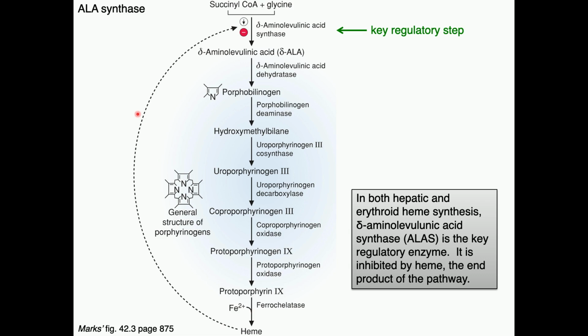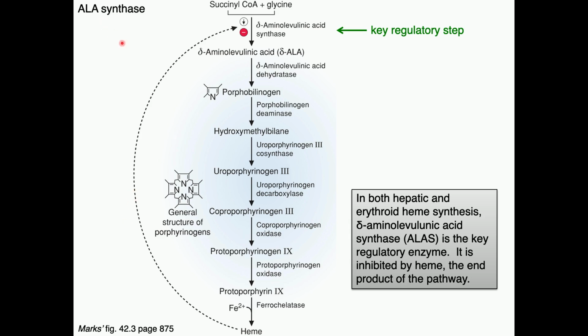So that feedback inhibition idea and how that gets lost if you have a porphyria or a deficiency in one of the enzymes here. You can treat a porphyria by the addition of exogenous heme. So hemin is a formulation of heme that's subtly different in its details than endogenous heme.